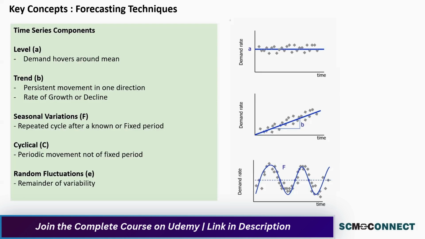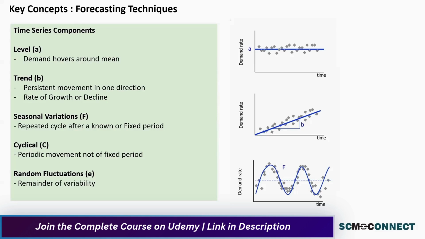And then the fifth component is a random fluctuation, which is the variability aspect of it. So it could be a combination of all these things. So there could be a level plus trend. There could be an upward trend with a level and with a seasonality, right? So you may have a factor of A, B, and even F, right?